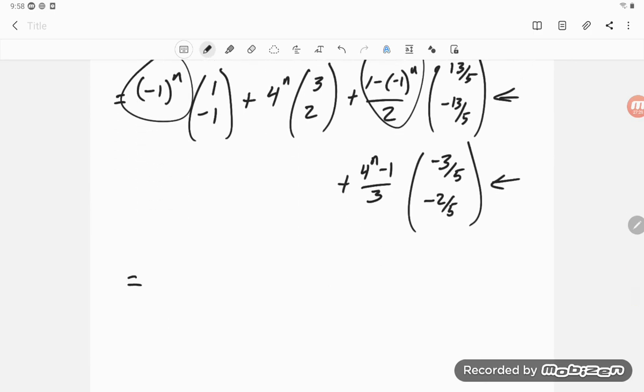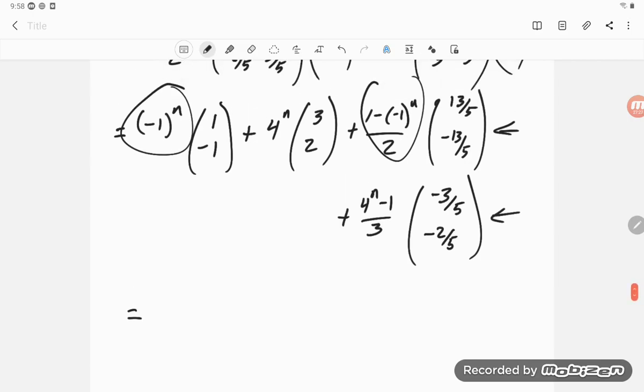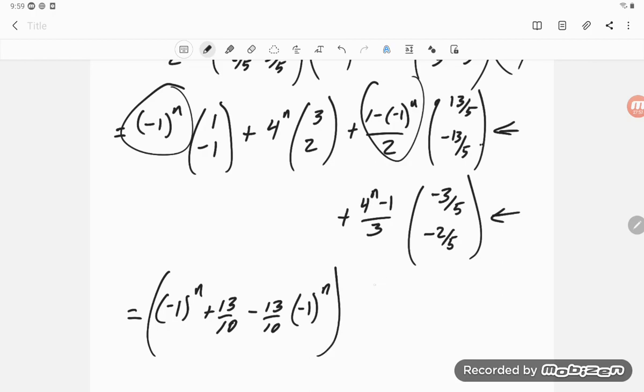Probably doesn't hurt here. So I'm going to take 13/5 out of this vector, and so what I'll get is a -1 to the n, and I'll get a plus 13/10, and then a minus 13/10, -1 to the n, all times the vector 1, -1.